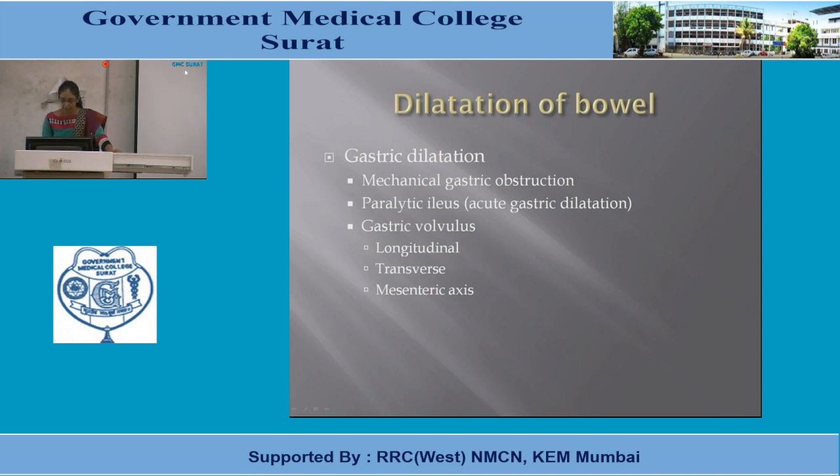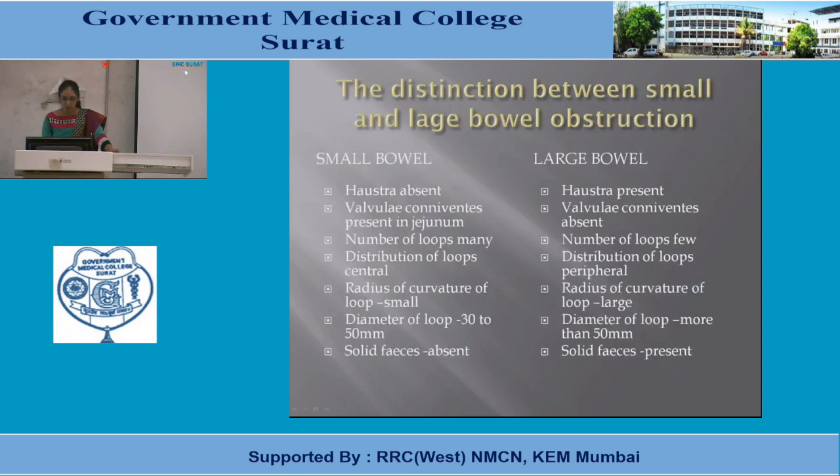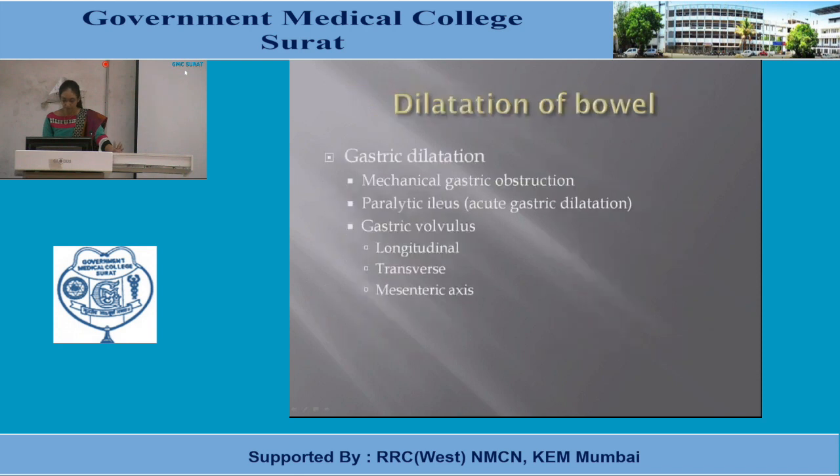Other is paralytic ileus in case of postoperative patient. Gastric volvulus may be there. There are three types of gastric volvulus: longitudinal, transverse and mesenteroaxial. You need not go into detail in this volvulus.